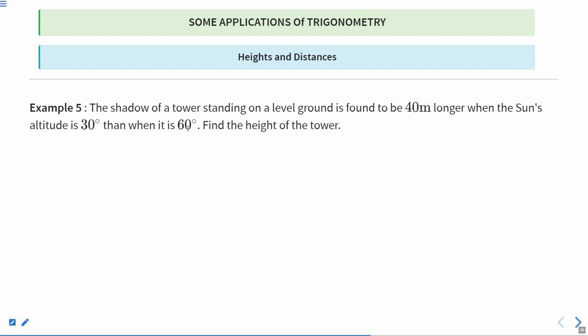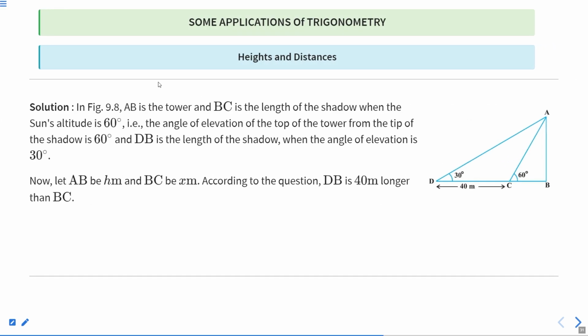In this figure 9.8, AB is the tower, that means AB is the height of the tower, and BC is the length of the shadow when the sun's altitude is 60 degrees, that is the angle of elevation of the top of the tower from the tip of the shadow is 60 degrees. And DB is the length of the shadow when the angle of elevation is 30 degrees.